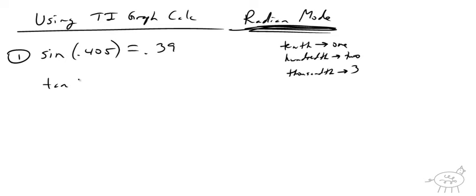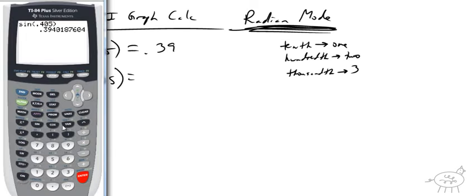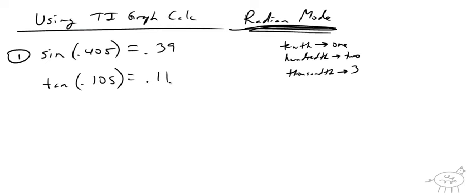If I said tangent of 0.105, so let's do that. Tangent of 0.105. Okay, 0.11. That's kind of nice. 0.11. Let's do one more. How about cosine of, let's do a bigger number.